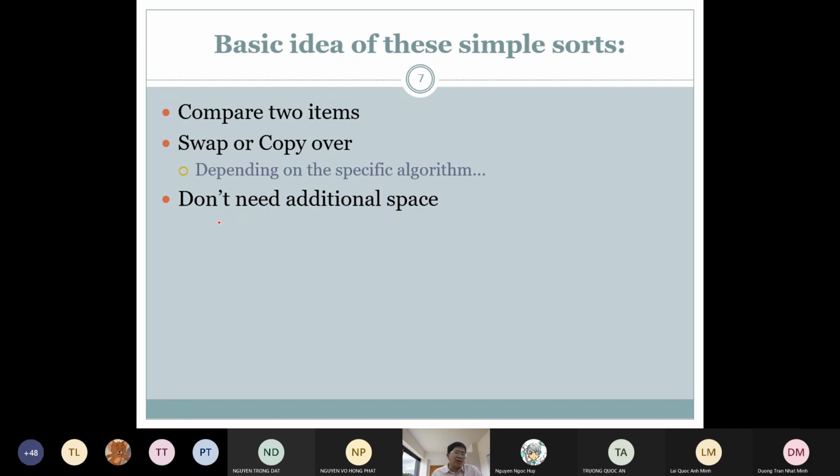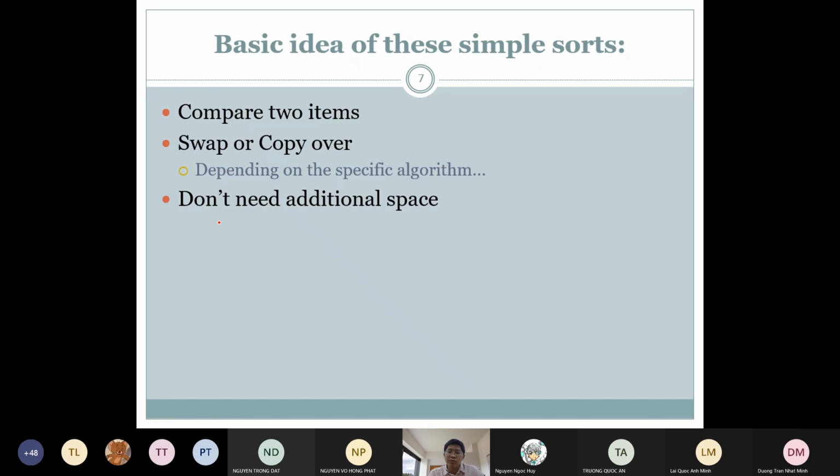Let's say you have 100 gigabytes on your hard drive, and you want to sort items in your hard drive. If you need additional space, meaning that if you reach 50% of your hard drive, you cannot sort objects anymore.